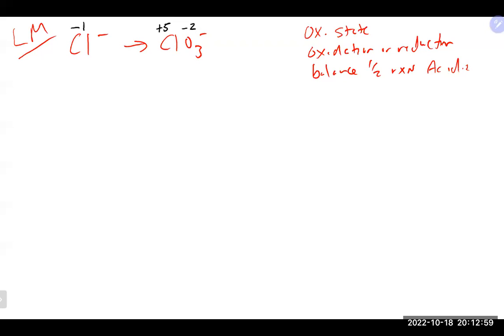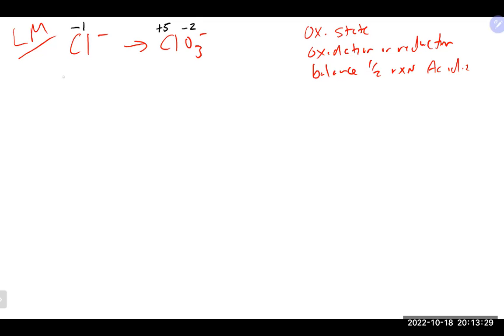You then need to decide what you are looking at. Is it the oxidation half reaction or is it the reduction half reaction? So on this very first question, you just have half of the problem, basically. You have either the oxidation half reaction or the reduction. In this case, we would be looking at the chlorine. It's the same element on each side. Chlorine goes from -1 to +5, oxidation or reduction?